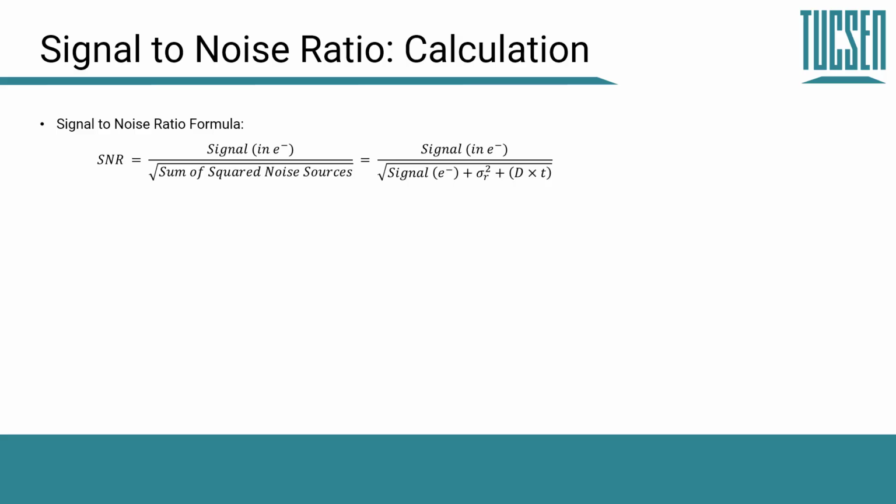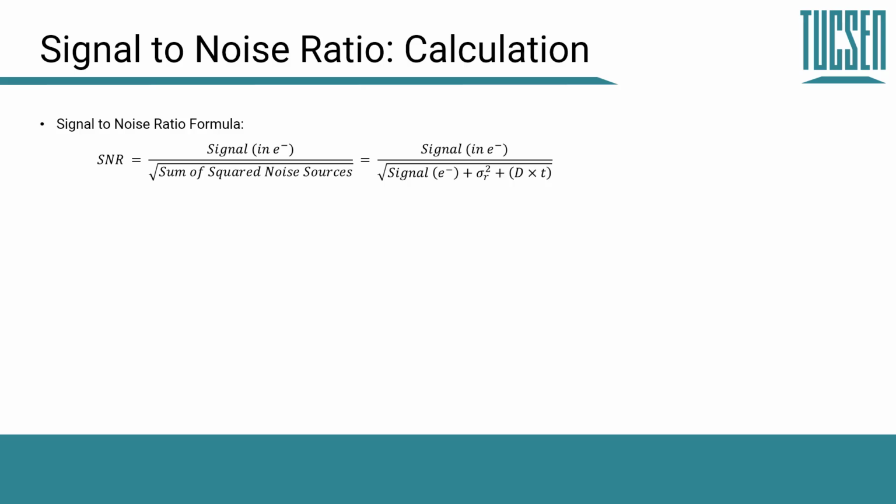Our noise is then our various noise sources added up, the three noise sources that we talked about: the photon shot noise, the read noise and the dark current. It's added up as the squares of these values. We square them, add them, and then take the square root. And that's how noises have to be added together.